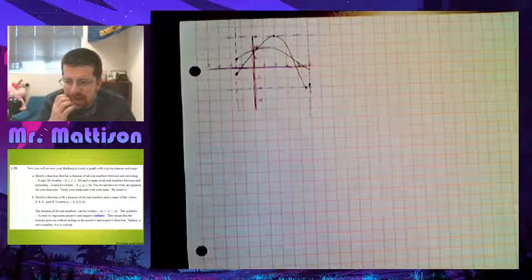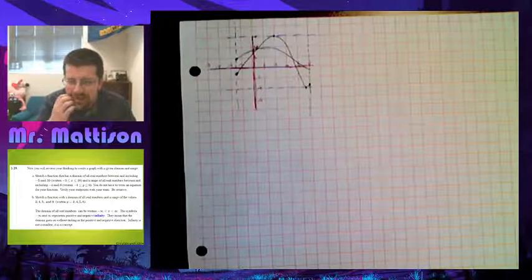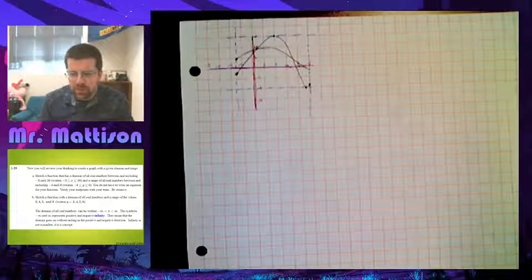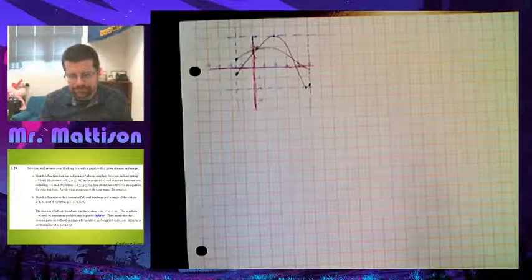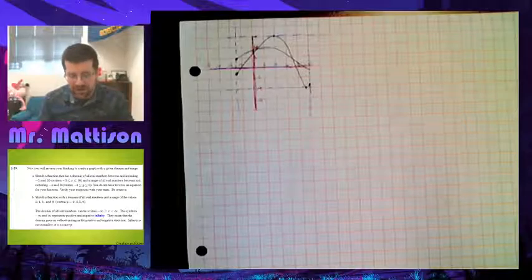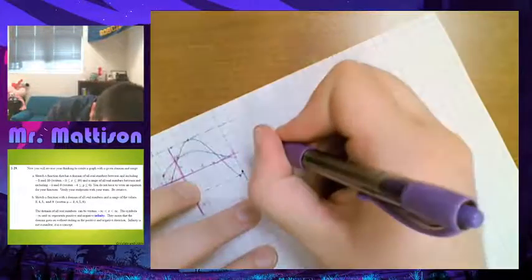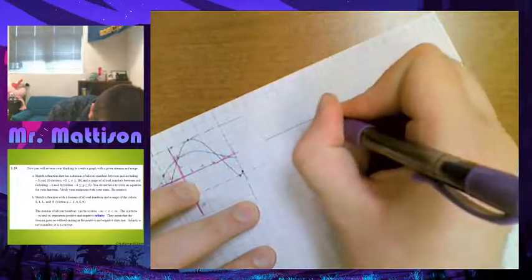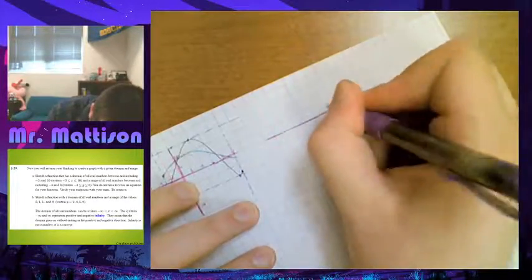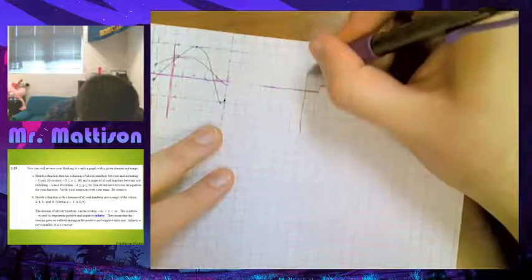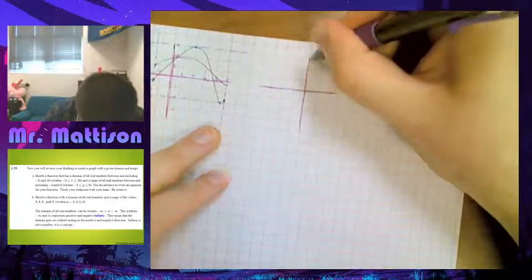And then part B says that our domain is now 2, 4, 5, and 8. Sorry, our range is 2, 4, 5, and 8. Our domain is all real numbers. So let's take a look at that, because this is one that's a little bit more tricky. It requires a bit more thought on it. So our range is not everything from here to here.